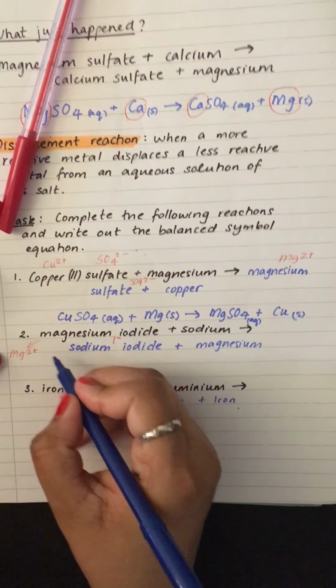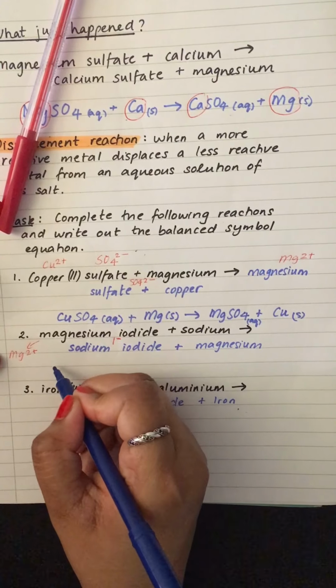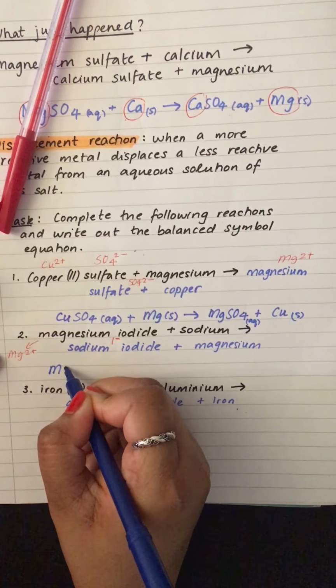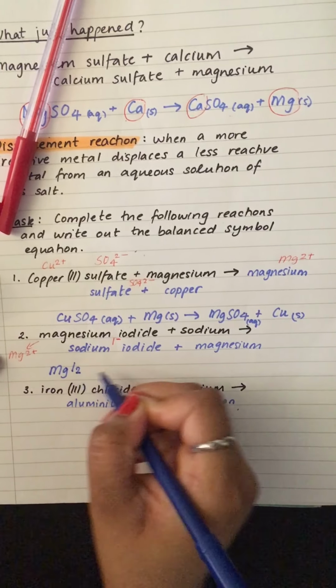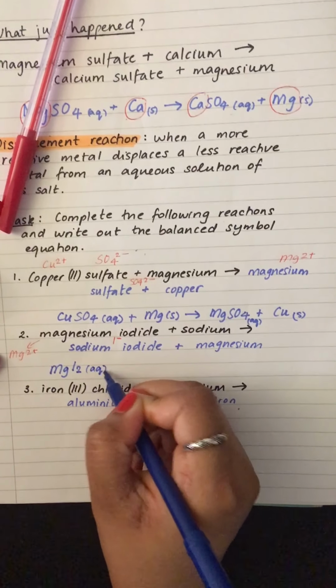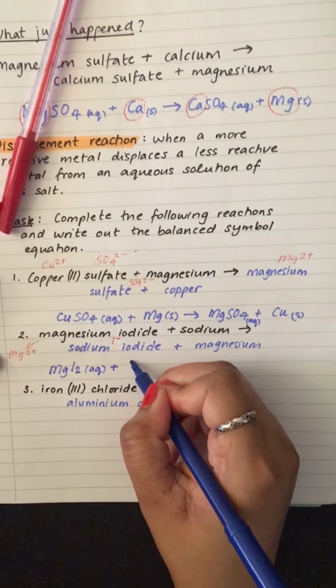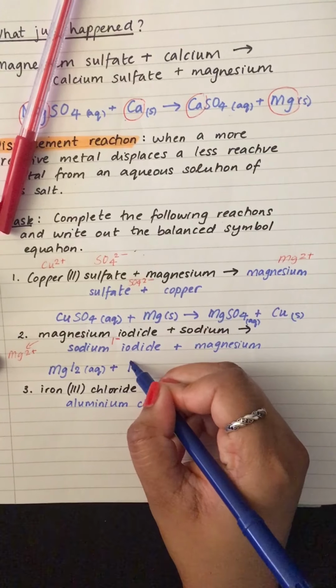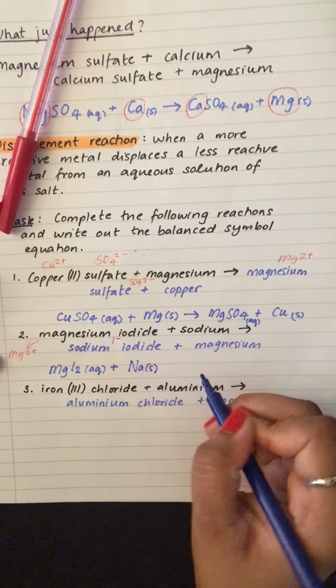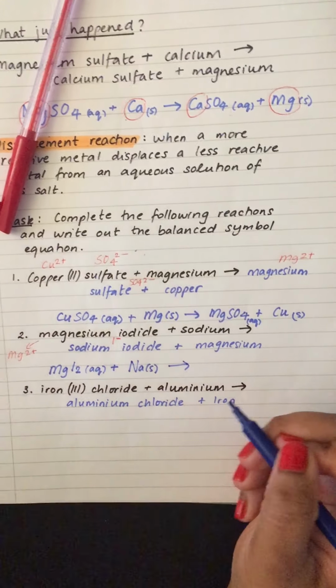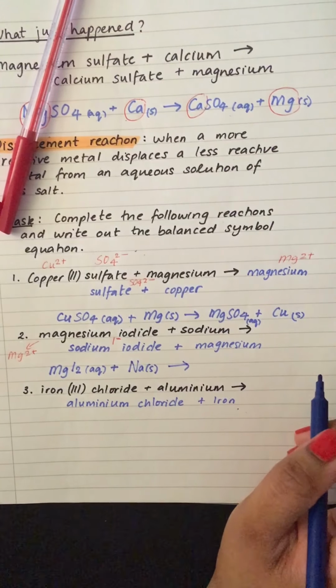So it will be MgI2, remember, aqueous, plus sodium, simply Na, and that makes sodium iodide plus magnesium.